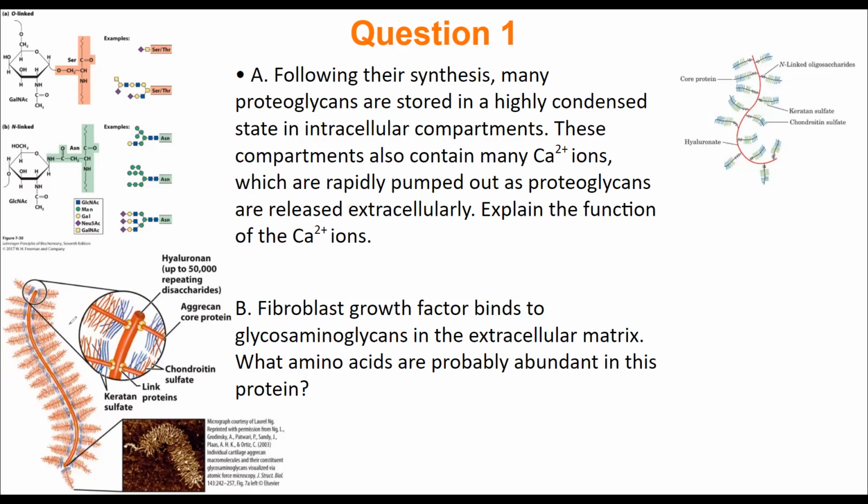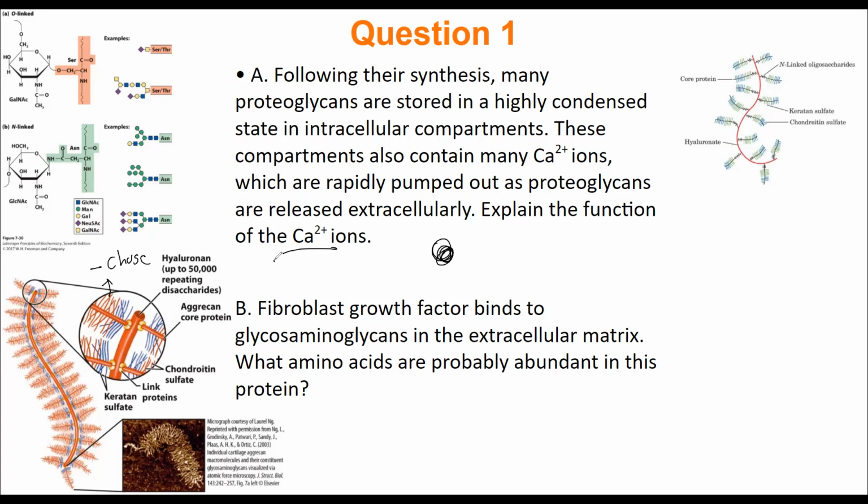To really understand this, you need to remember what the structure of our chondroitin and keratan are. Remember, I already talked about this in this lecture. What you need to take away is that our sulfates are negatively charged. If I want to take this giant molecule and wrap it into a ball, you're going to have all these negatively charged sugars repelling each other.